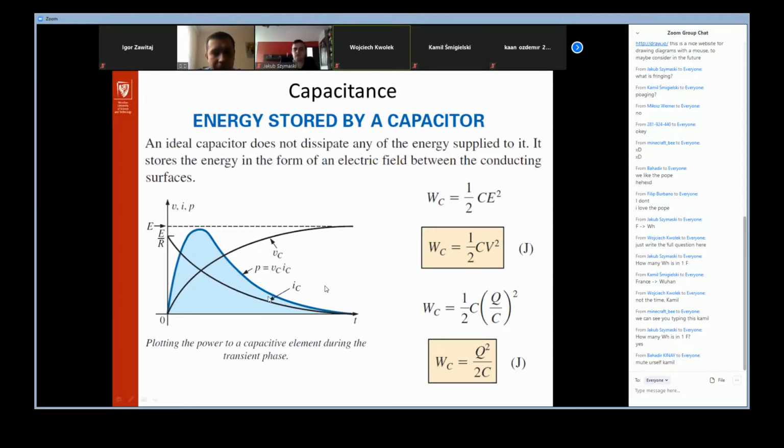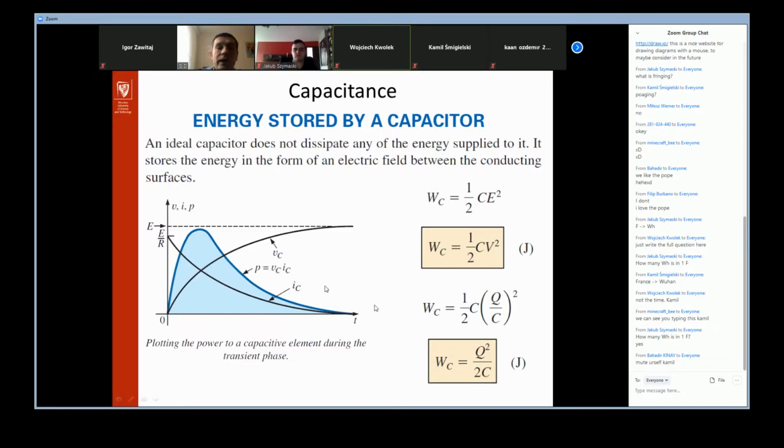That's the function of the current, and that's the function of the voltage on this capacitor. So how does the function of the power look? It looks like this, the blue function. It has a maximum point where these two functions cross. But for the steady state, as you see, the power goes down to 0.